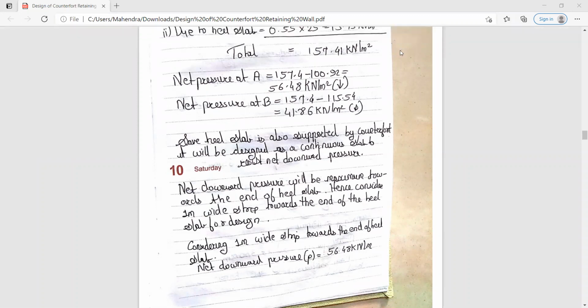So net downward pressure will be 56.48 kilonewton per meter. So just complete this. Okay, completed.